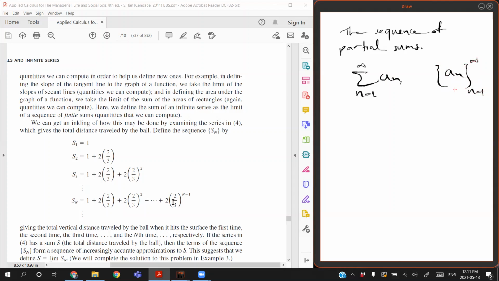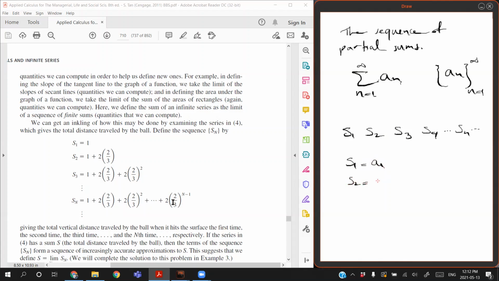Now, using this sequence, you can create another sequence called the sequence of partial sums. And this is how you create that other sequence. That sequence has the form S1, S2, S3, S4, and so on, Sn, and it goes like this forever, where S1 is simply A1.